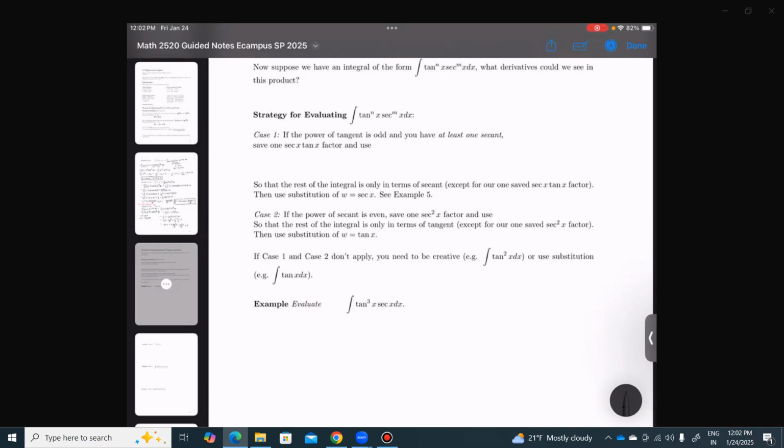Then we save one secant x tangent x factor and use tangent squared x equaling secant squared x minus 1. There is one thing that's separate with this. We will need a secant involved with this, so you can't just have tangent to a higher power in this particular case.